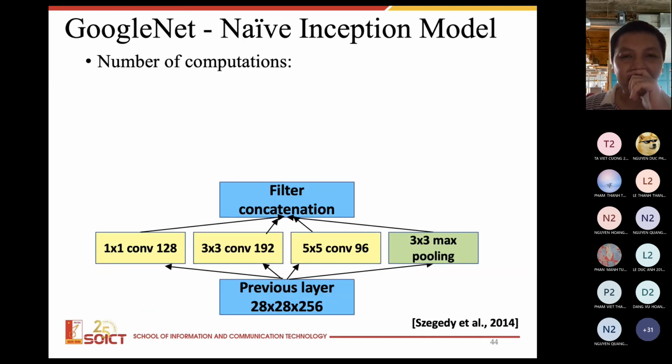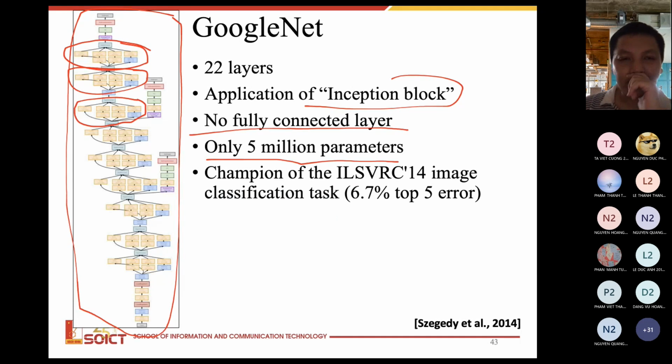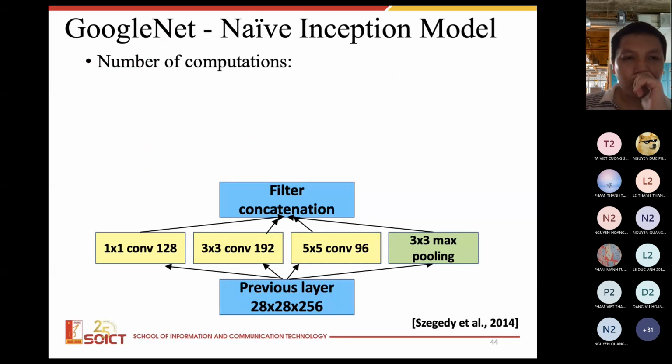Now we discuss the inception block. For GoogleNet, the naive inception module is the following.